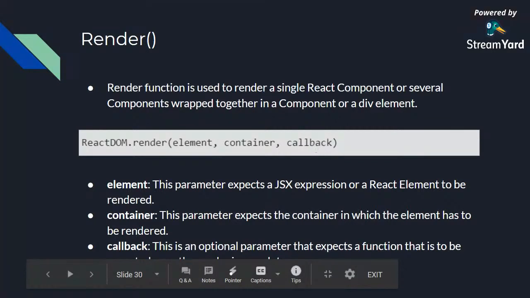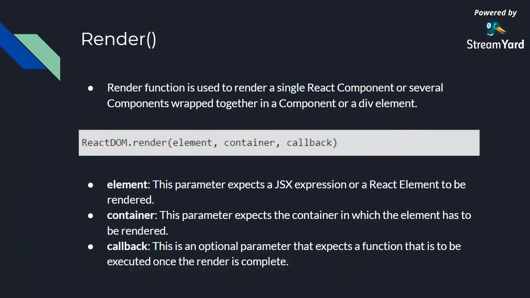As soon as the render function shows the changes on the screen, this callback function will be called. For example, if you want that once this value is updated, another function should be called, you can do that in this callback function. This parameter is optional, but the element and the container are needed all the time.